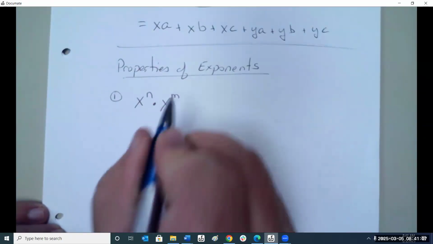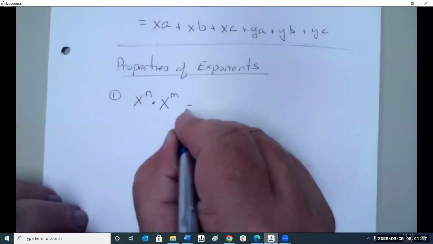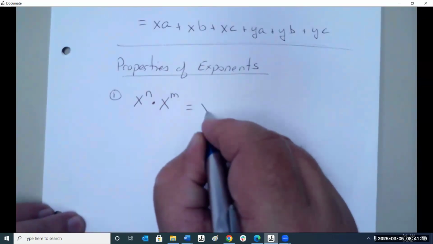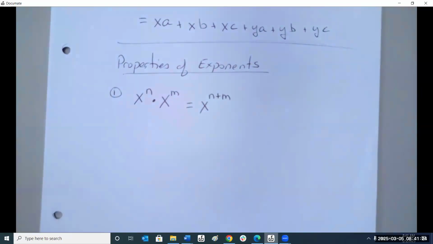If you have the same bases, well, in all these, you have to have the same bases. You can't combine them if they're different bases. If you have the same bases, then you can add the exponents.